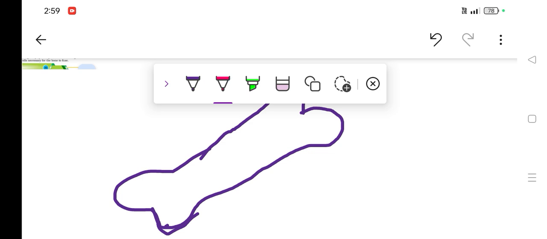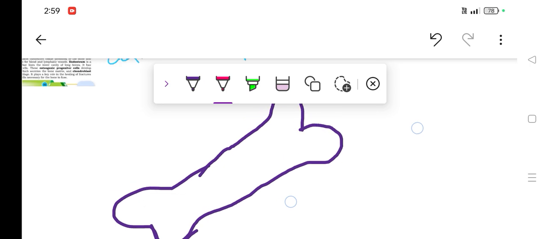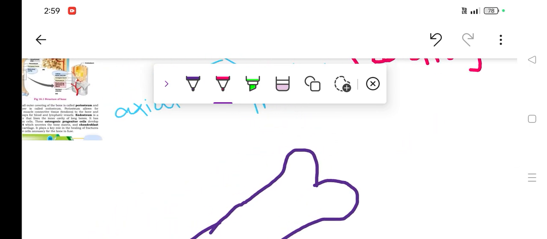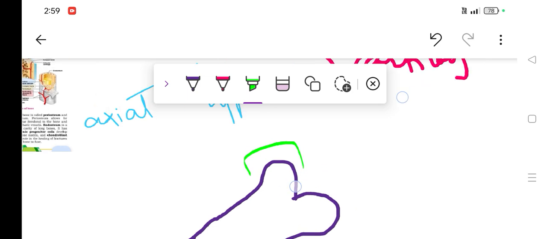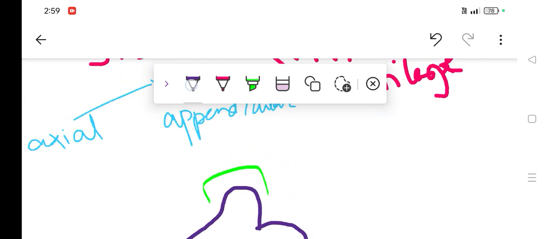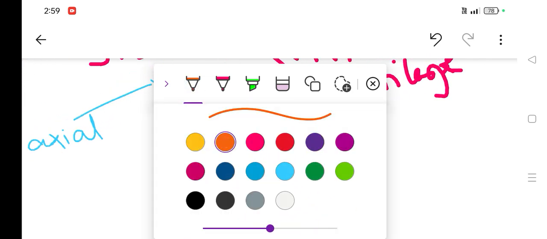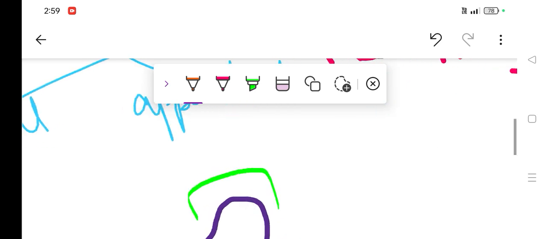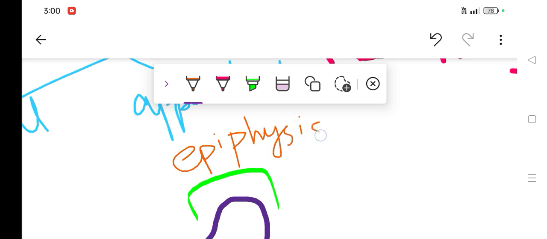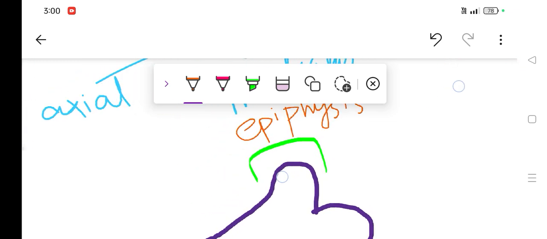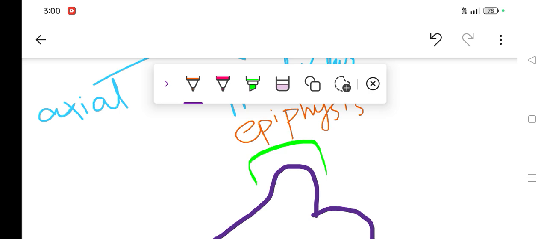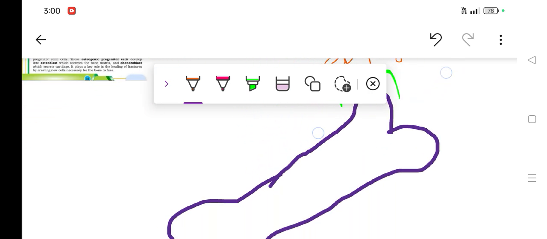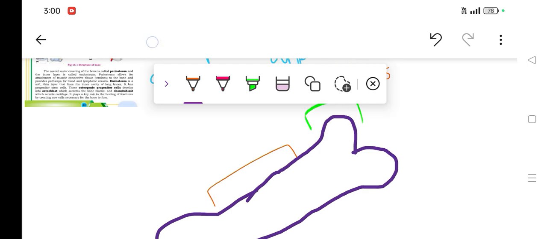Our bone has three parts basically. What are these three parts? This one part, at the end of the bone, is called the epiphysis. Then comes the second one, this remaining entire part, which is called the diaphysis.